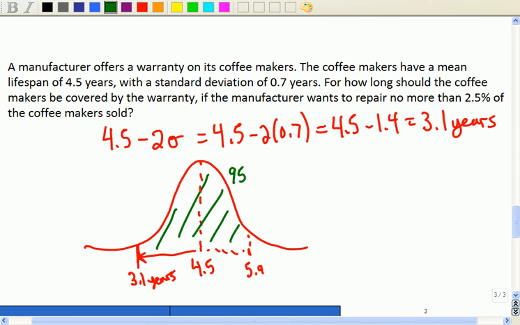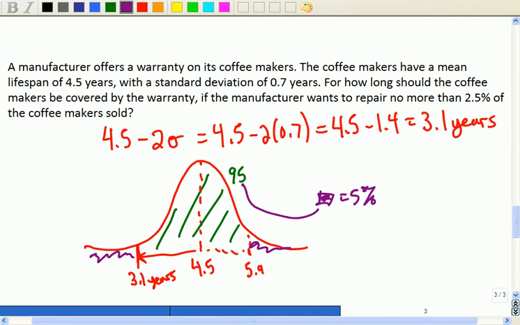So what we're looking at then is we've got an average life of 4.5, and if we took 95%, that means it'd be from 3.1 to 5.9 years, because that's 2 standard deviations from the average. Okay? 95 means this other area that I'll draw in purple. Together, the purple equals 5%, because together they make up everyone.